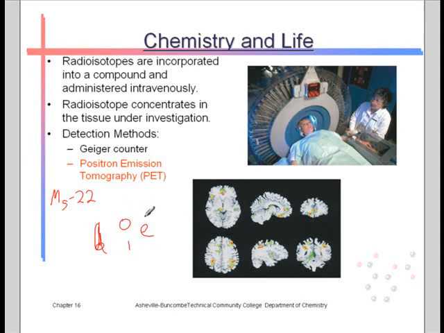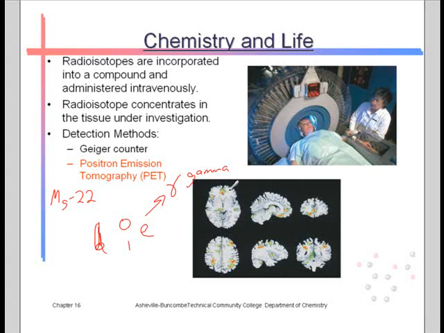I can't remember, but it actually gives off a gamma ray. Gamma rays are very good at penetrating tissue. They're very good at penetrating solid objects. It takes 6 to 12 inches of concrete to stop a gamma ray. It doesn't take that to stop any of the other types of radiation that we've talked about here, because they're much larger than the gamma ray.